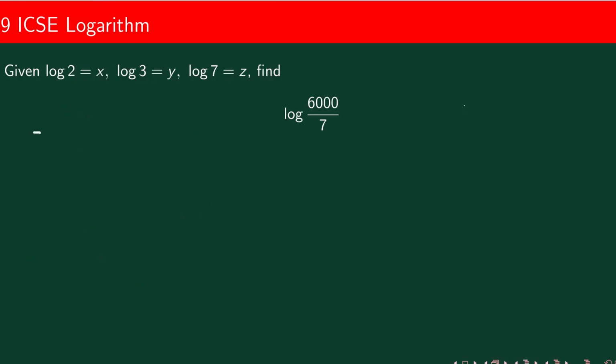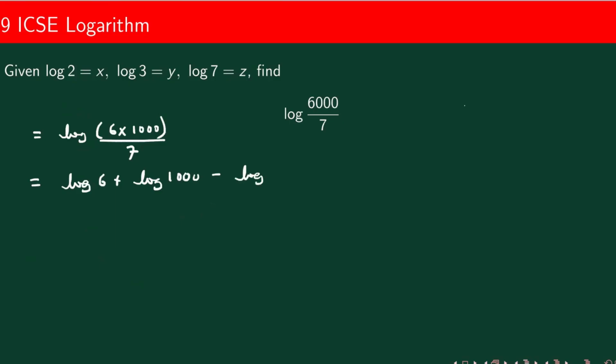So over here we have 6 into 1000, and 6 into 1000 upon 7. So this will be log 6 plus log 1000 minus log 7. And 6 is 3 into 2.